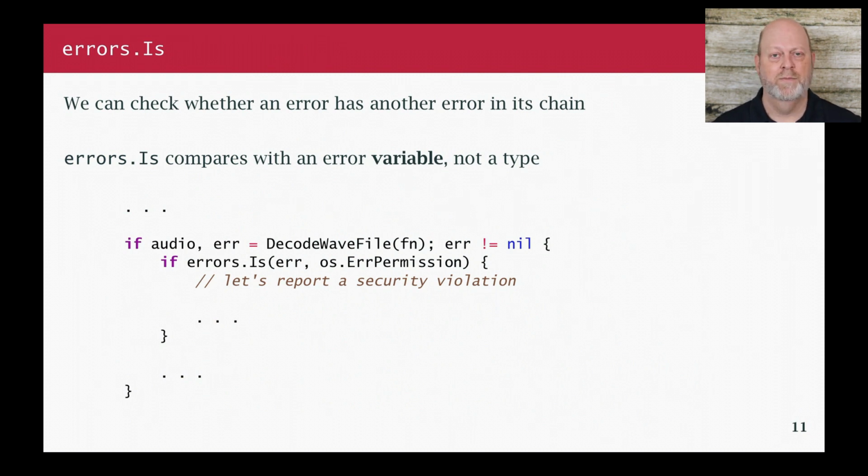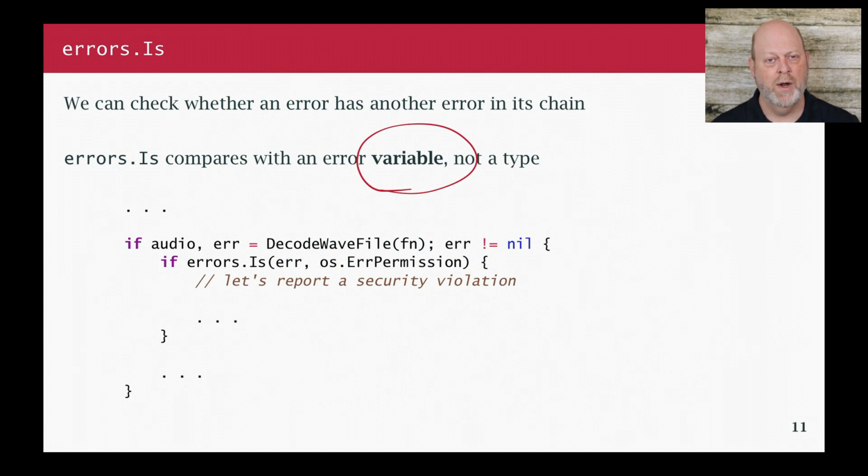Again, that's fragile. Instead, I can use errors.Is to say, does this error value show up in the chain? It's based on a variable, which is why I exported the variables from my custom error type. Because now there's something you can actually use in a type of comparison. And Is is a fancy way of doing the comparison.